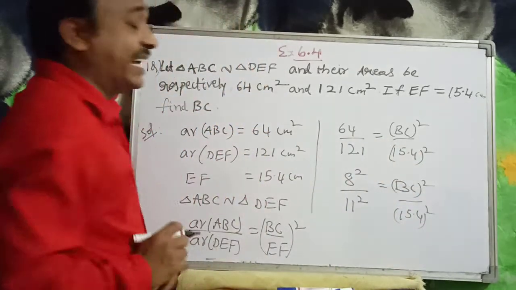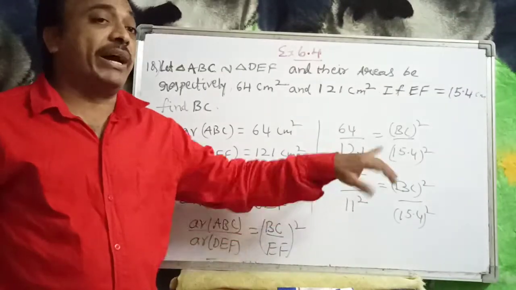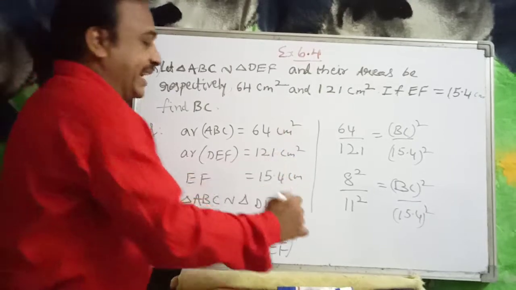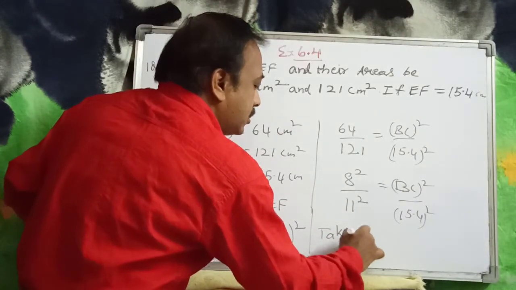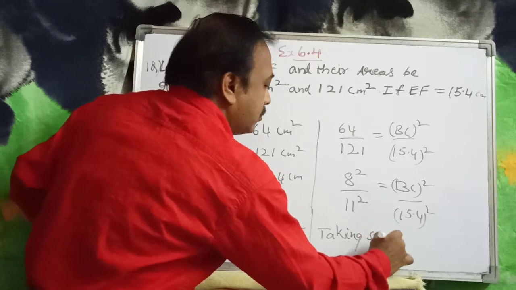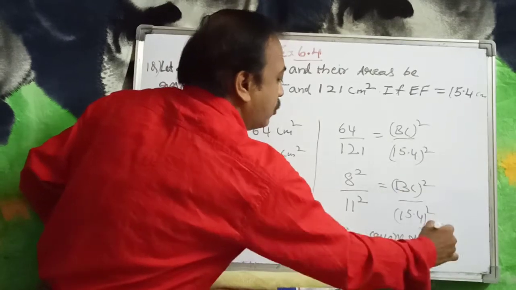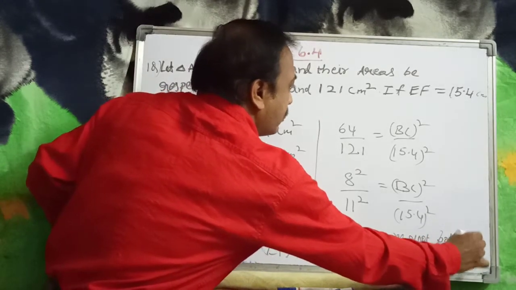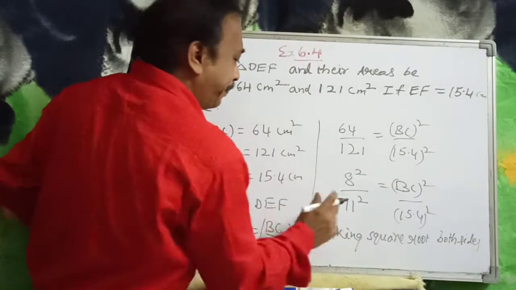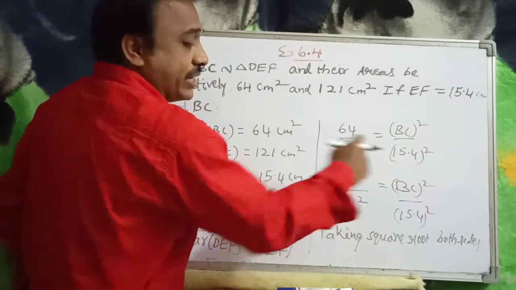If you take square root on both the sides, square and square root get cancelled.